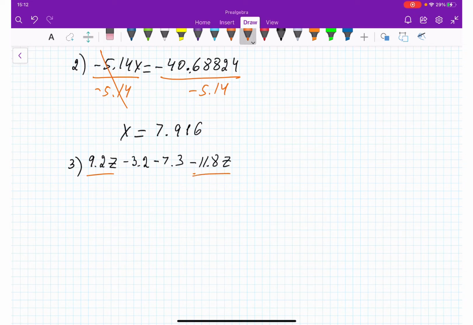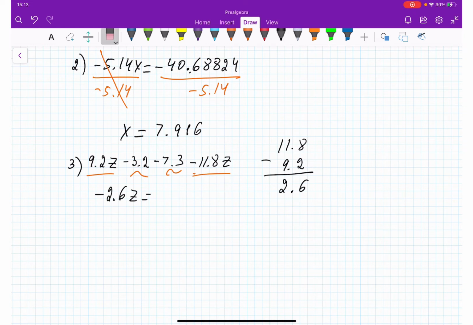This with this, and this one with this one, right? Combine like terms together. Okay, so 9.2 and negative 11.8. So the sign is going to be negative, and we get 11.8 minus 9.2. 11 minus 9 is 2. 2.6, negative 2.6z.